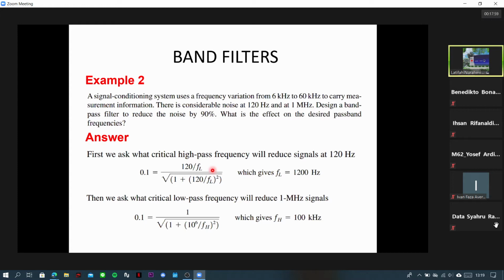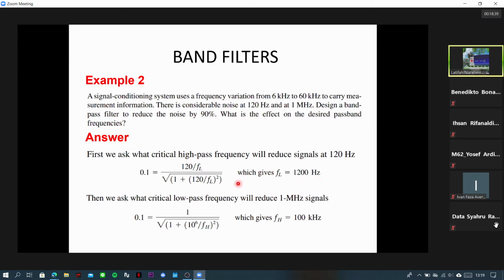We want to remove the lower frequency. So the critical frequency becomes the lower limit. We take the high pass filter equation and use the lower limit of the noise, 120. Then it gives us 1200 hertz as the lower frequency limit.